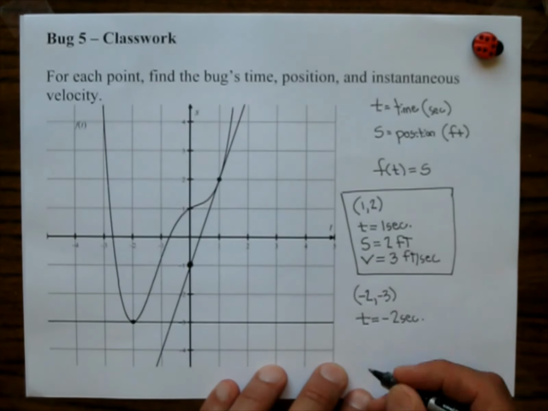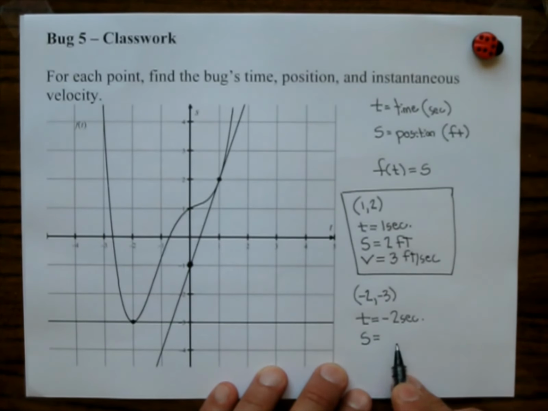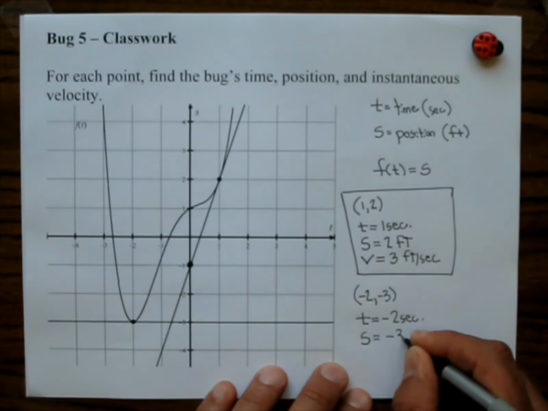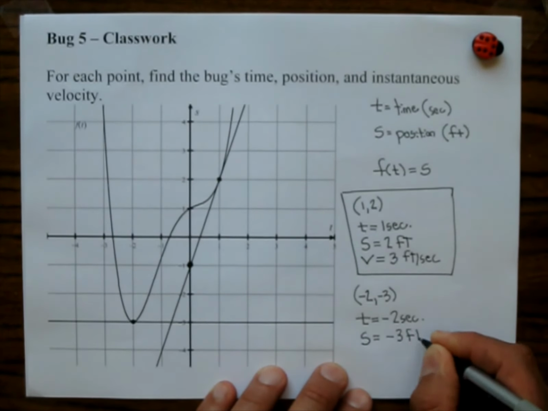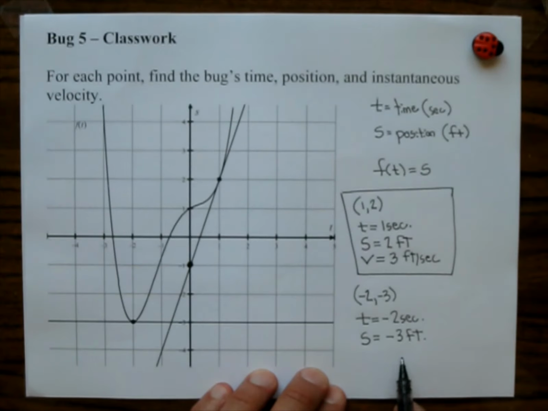Find the bug's position, which is denoted by s. His position on the number line is -3 feet. What does that mean? He is 3 feet to the left of the origin, at -3 on the number line. At time -2, meaning 2 seconds ago.